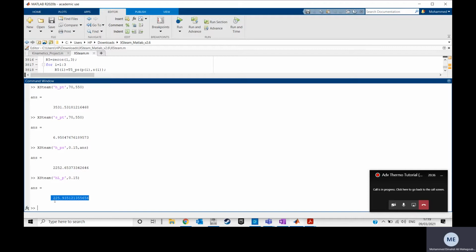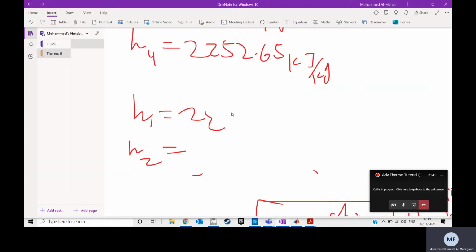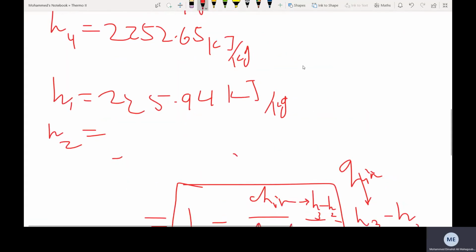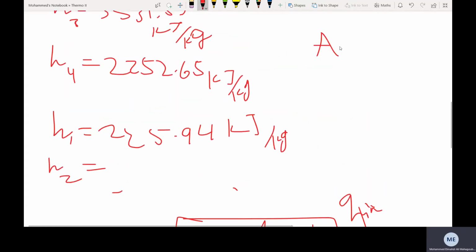It is 225.94 kilojoules per kilogram. And you remember how we used to get H2, especially in this course, because you don't have table A7, the one for the compressed liquid. You don't have that table.